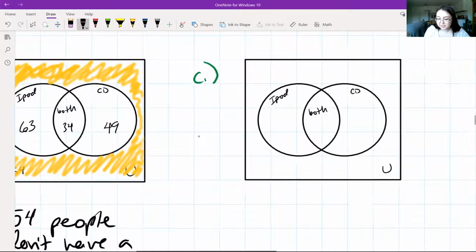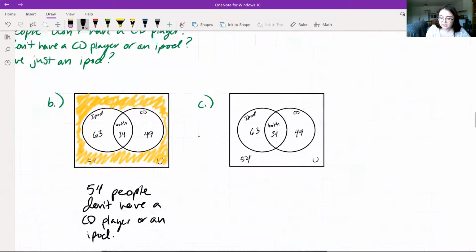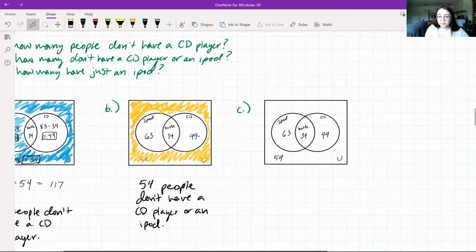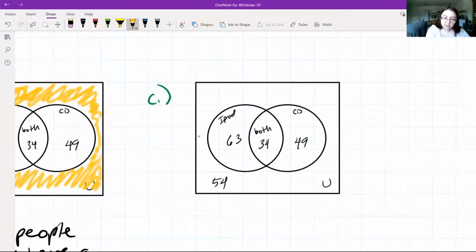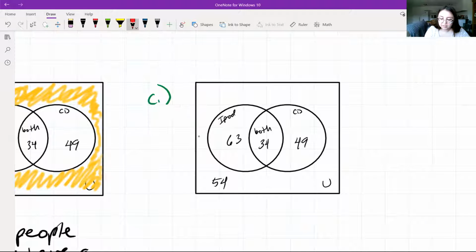So for part C, let's label these again so we know 63 people have iPods, 34 have both, 49 have CD players, and 54 have neither. And our last question here is how many people have just an iPod? So if we're thinking about people that just have an iPod, we're thinking about the people in this region.